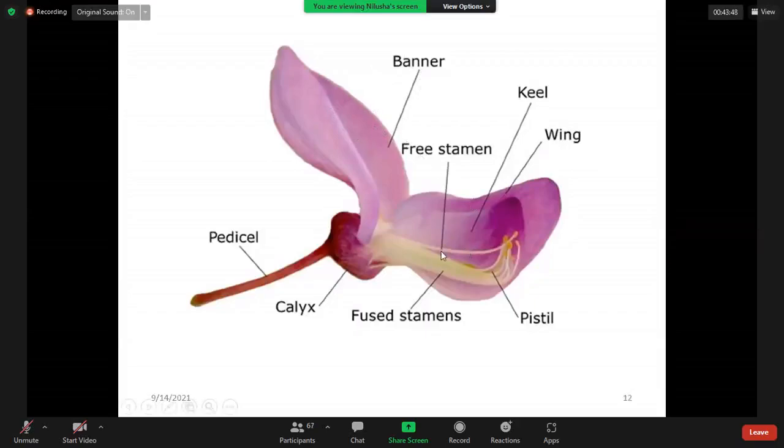This is the banner petal or standard petal, as we call it. This is free stamen and fused stamen. This kind of flower you should know how to draw and how to name the flower parts. You should get an idea about these flower parts. Sometimes it may come in the exam.